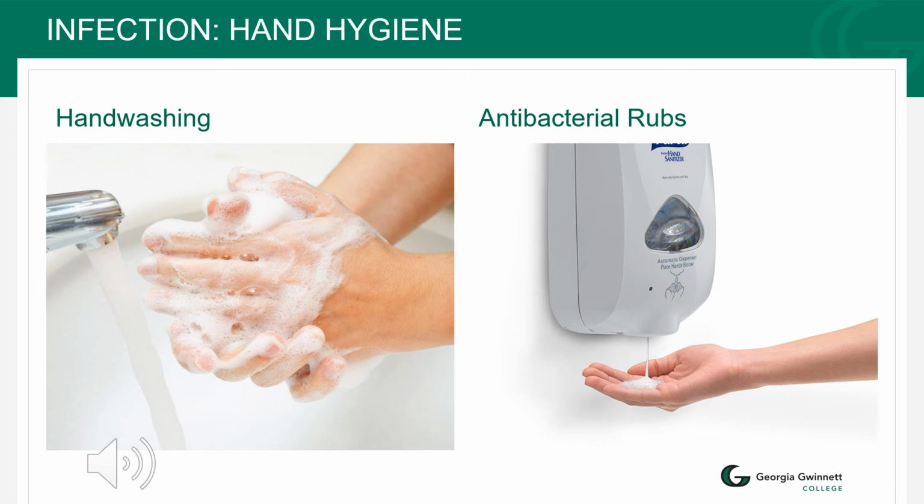You need to make sure that you turn the faucet off with a paper towel, because after you've scrubbed your hands, used the friction, and gotten all the germs off of it, if you touch the faucet again with your bare hands, you're recontaminating your hands and have to start all over. So you wash your hands, you leave the water on, you pat your hands dry with a clean towel, you discard that, and then use another clean towel to turn off the faucet.